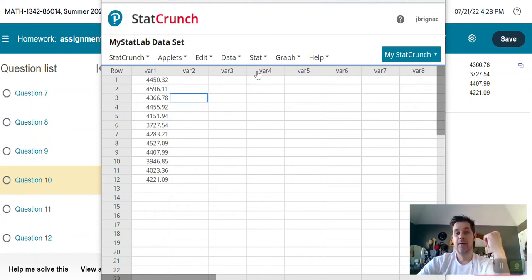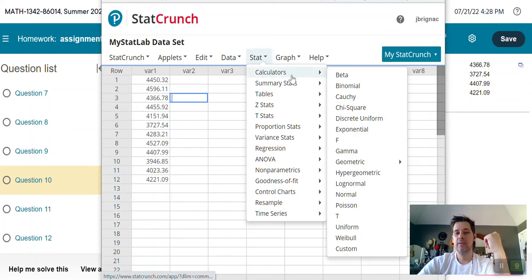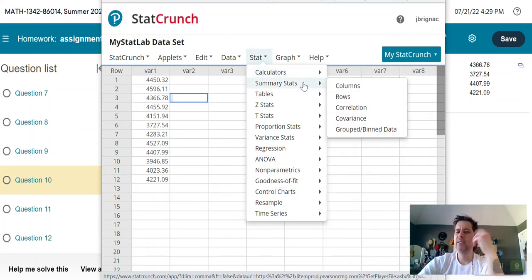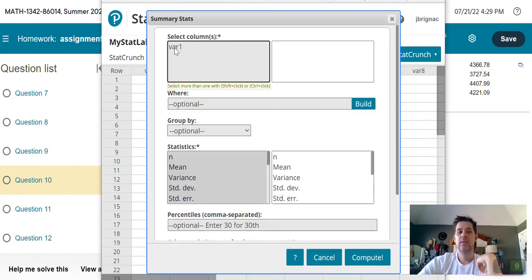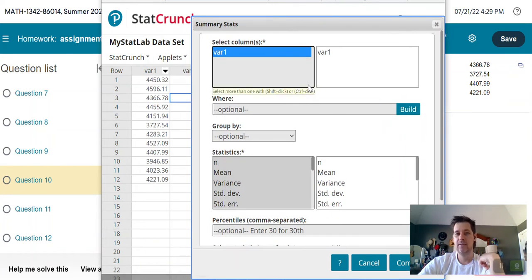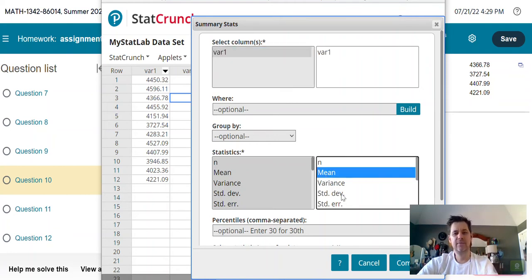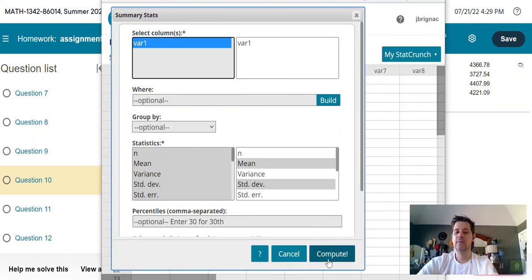Now I'm going to do calculators, summary stats, columns, and I select the column VAR1 because that's where my data is. And let's do the mean because it asked for that. I have a feeling it's going to ask for the standard deviation too. All right, so let's compute that.